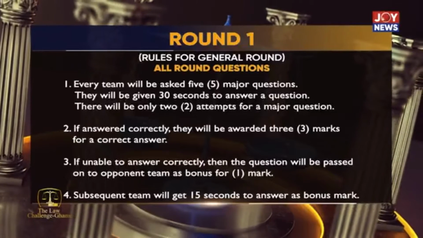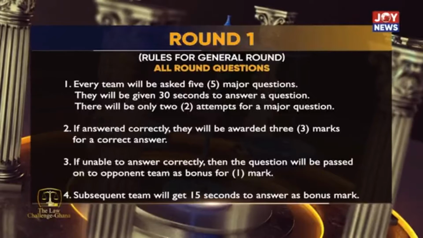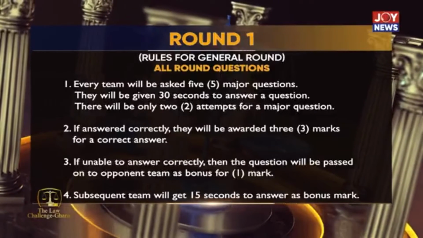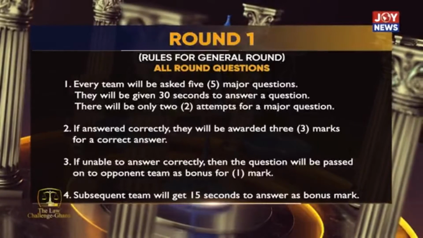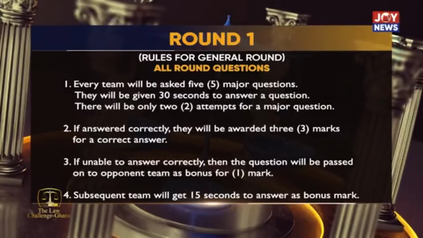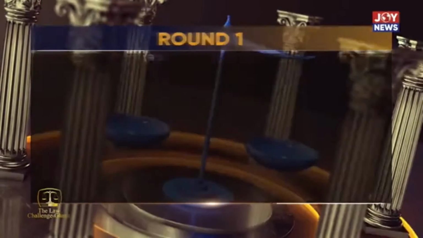But if you are unable to answer correctly, the question will be passed on to your opponent for a bonus mark of 1. And there will be only 1 attempt in the bonus session for only 15 seconds.